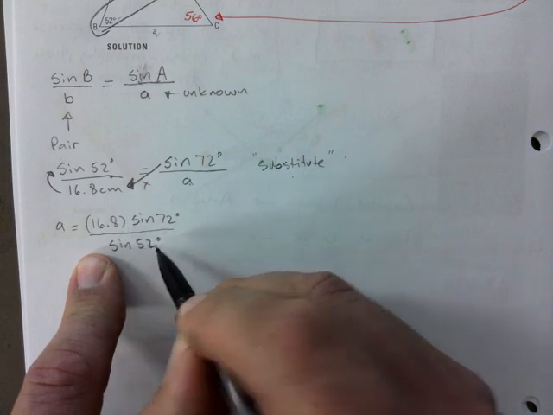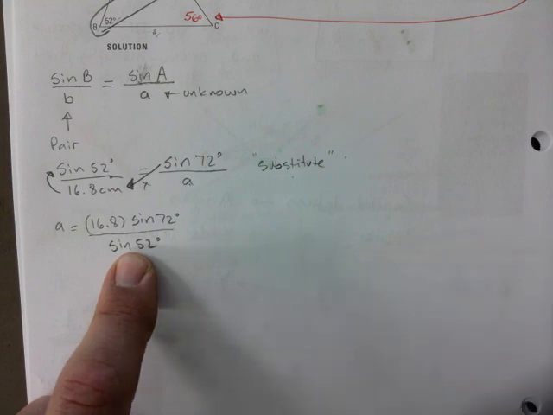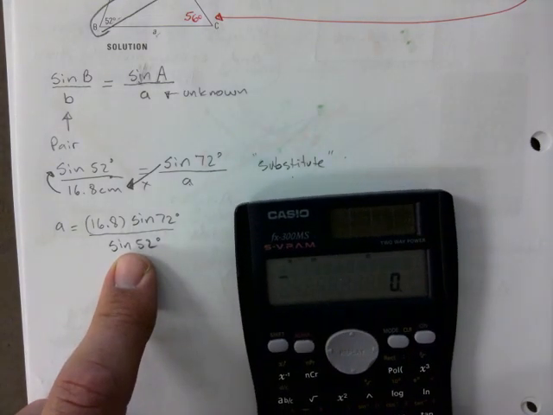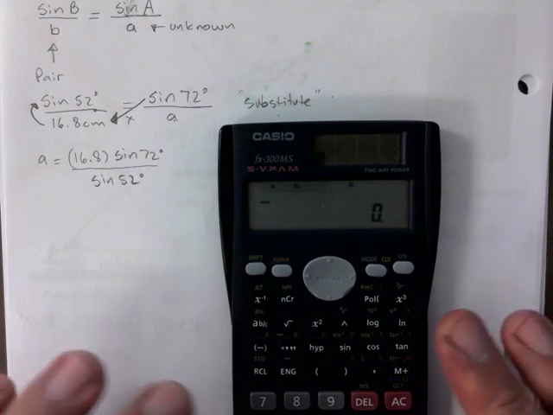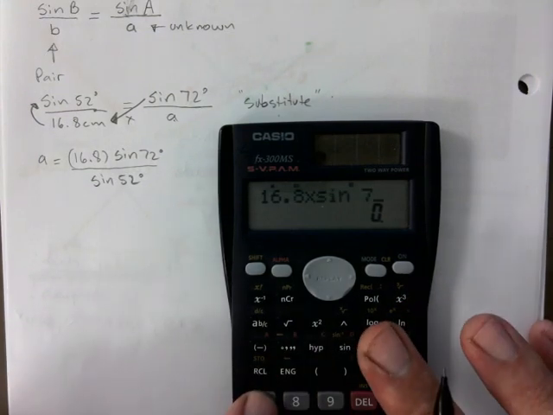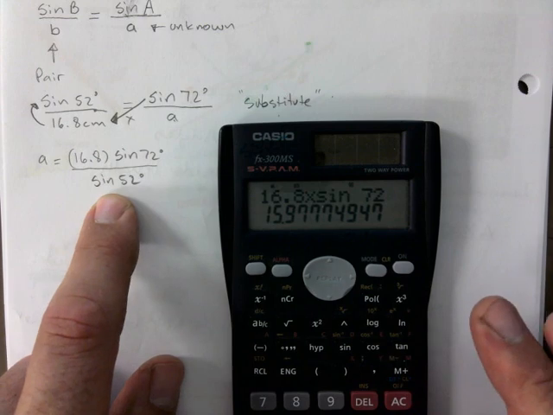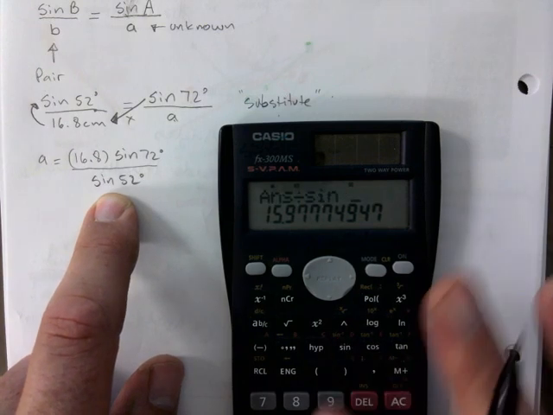I will strongly encourage you to type this in and see if you get the same thing that I'm getting. So watch what I'm going to do. I'm going to go 16.8 times sine of 72. I hit equals, right? Multiply this first, then I go divide by sine of 52.